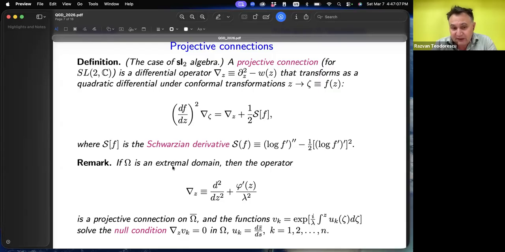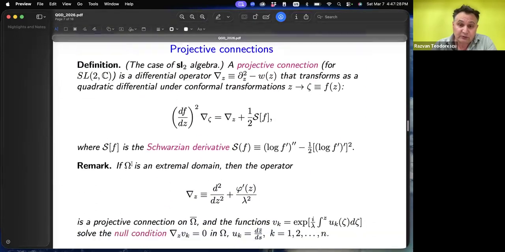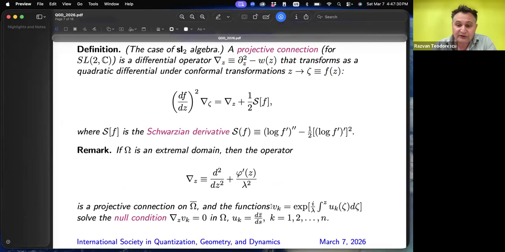If we have an external domain omega, satisfying all those conditions, then this second order differential operator that's constructed through the derivative of the best approximate is going to be a projective connection on the domain. And the functions solving the differential equation, item 4 here, one for each boundary component, satisfy precisely the conditions imposed on the chiral wave functions of the original Yang-Mills problem.